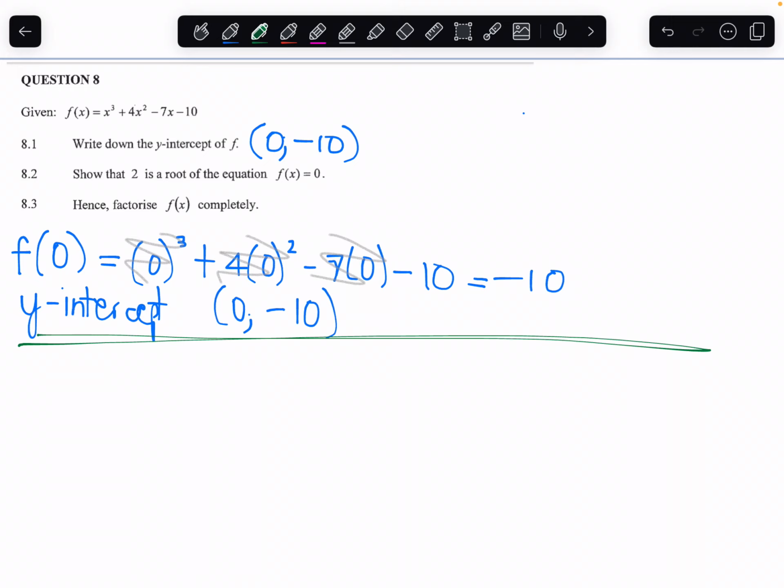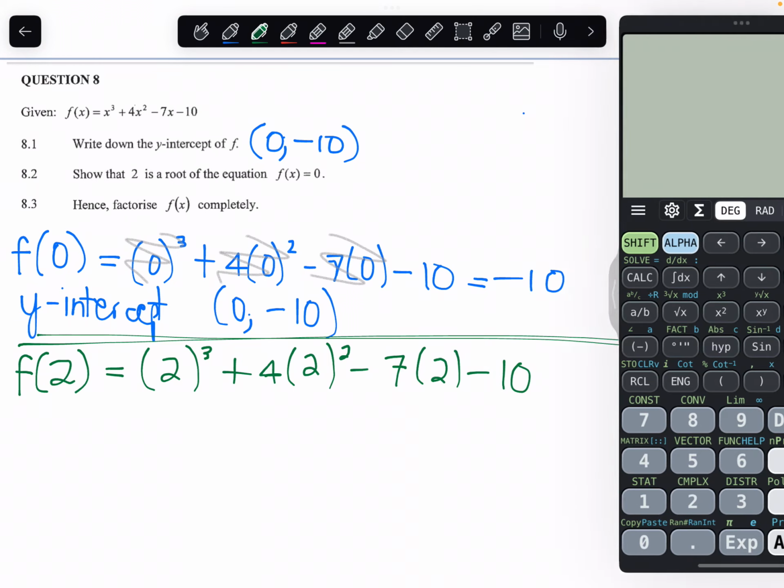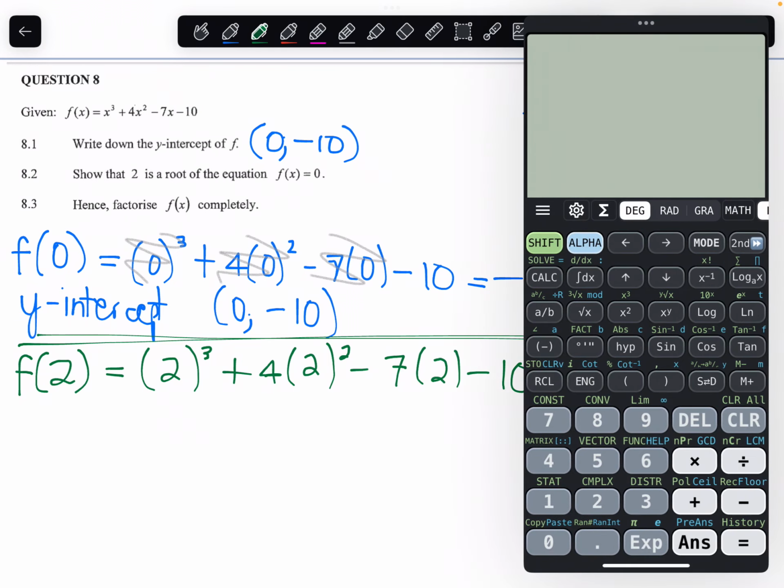So we're going to determine, okay, what is the value of the function when x is equal to 2? And that is 2 cubed plus 4 times 2 squared minus 7 times 2 minus 10. I hope I still have my calculator. Yes, I do. All right, so let's just put that in.